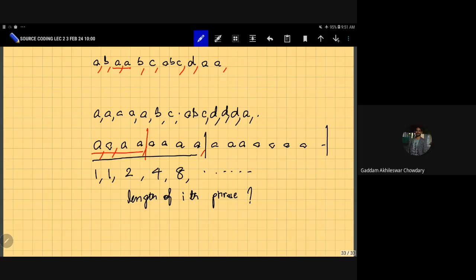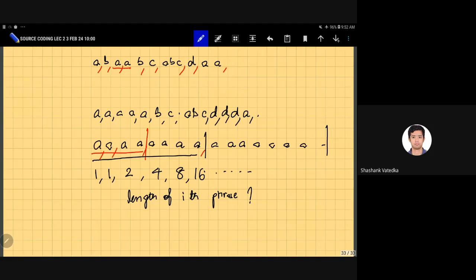So when i equals 3, we are getting 2. So it is 2 power 3 minus 2. When i equals 4, it is 2 power 4 minus 2. When i equals 5, it is... Okay. So what is the next going to be? It's going to be 16, right? Right. So by induction we can say this.